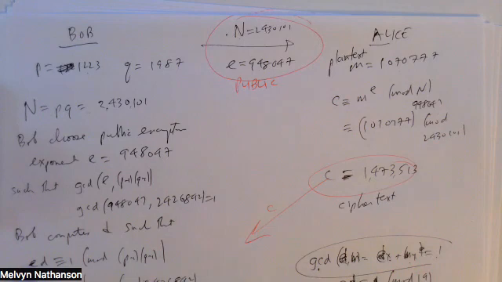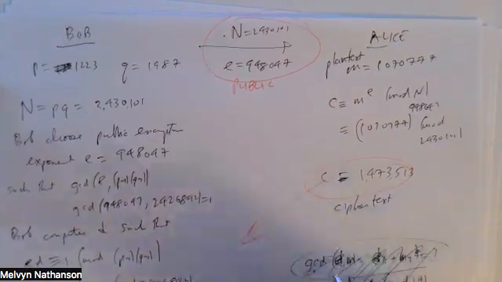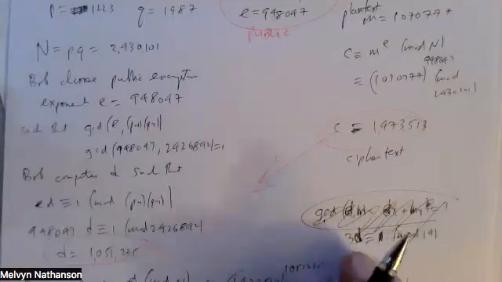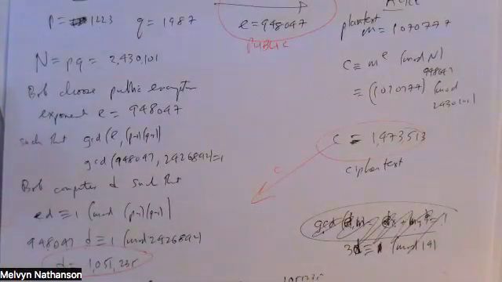So this is E times D congruent to 1 modulo this. That's how you do it. And it can take some time, but a computer can also do it for you, usually. Okay, that is our RSA.